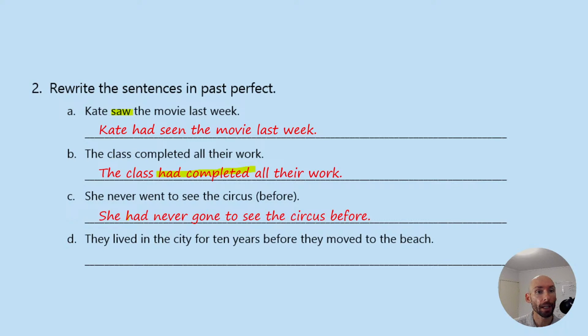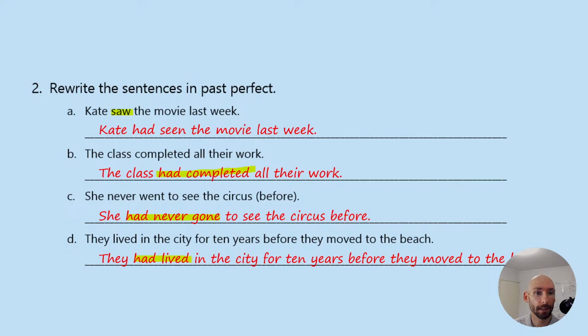We need she had never gone to the circus before. And the last one. They lived in the city for 10 years before they moved to the beach. They had lived in the city for 10 years before they moved to the beach.